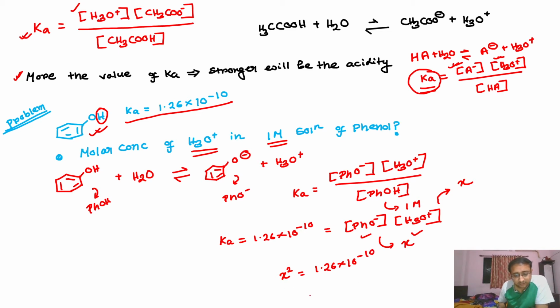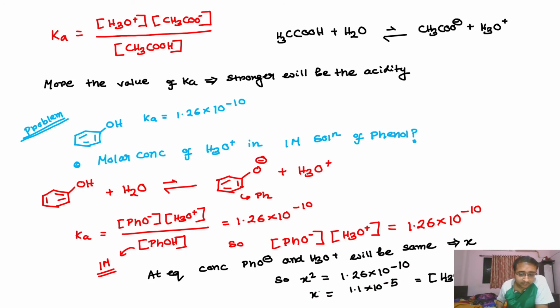So we can obtain the value of x by simply taking the square root of 1.26 × 10⁻¹⁰. The square root value of this will be equal to 1.1 × 10⁻⁵. So this is the concentration of the hydronium ion.